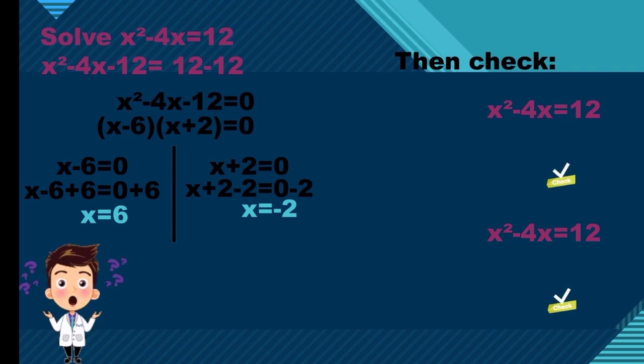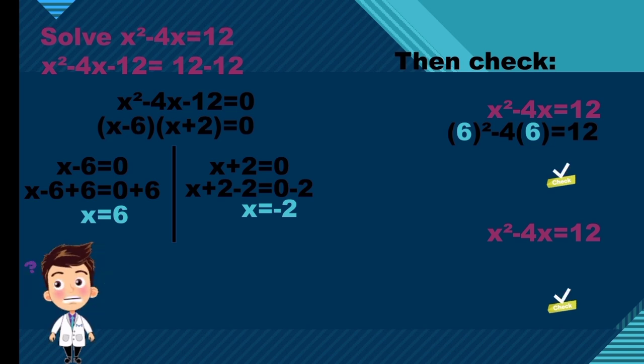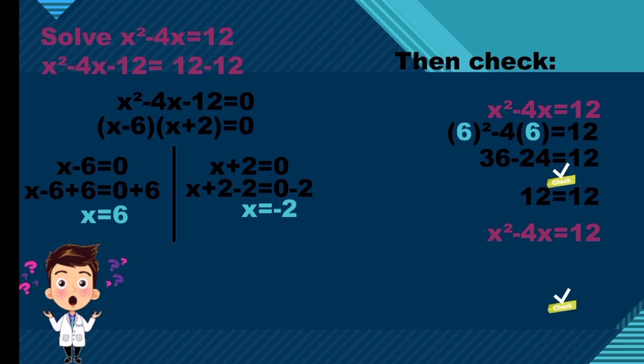x squared minus 4x is equal to 12. Let's substitute first 6. 6 squared minus 4 times 6 is equal to 12. Then we simplify, so we get 36 minus 24 is equal to 12. So 12 equals 12 is correct.